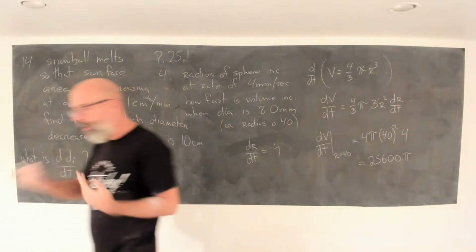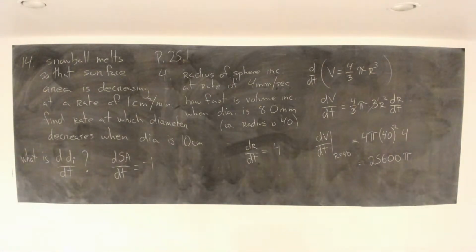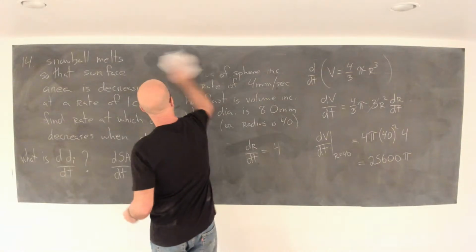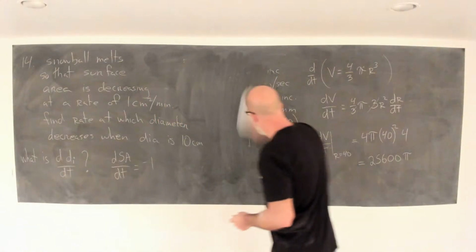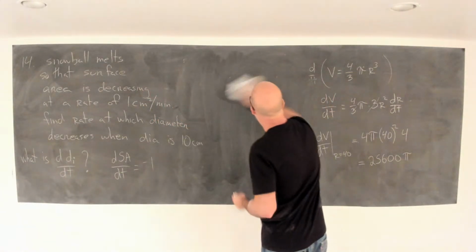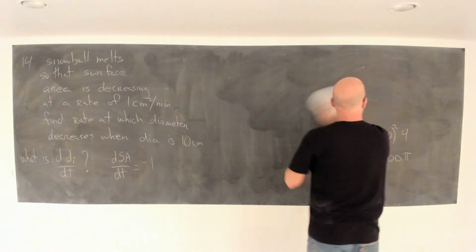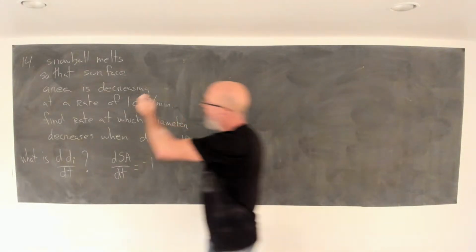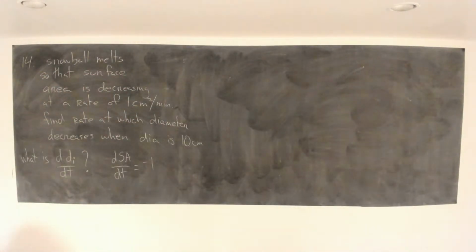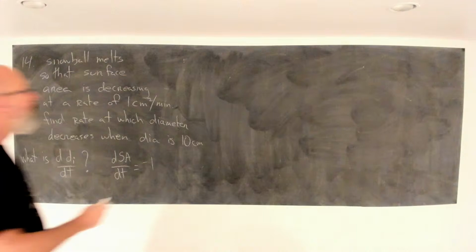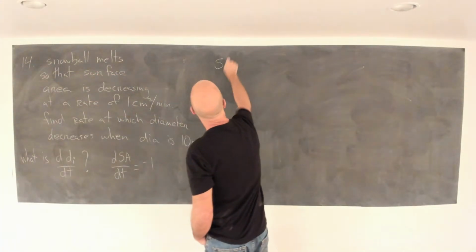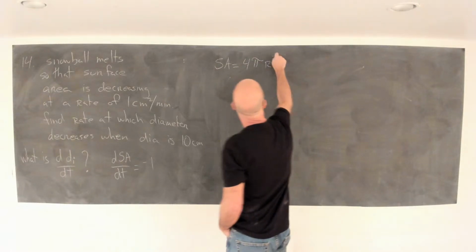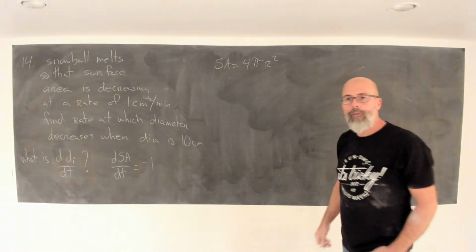Now, is there a relationship between the surface area and the diameter? That's my question to you. What is the surface area of a sphere? Well, you know what it is. Surface area of a sphere is 4 pi r squared. Is it?